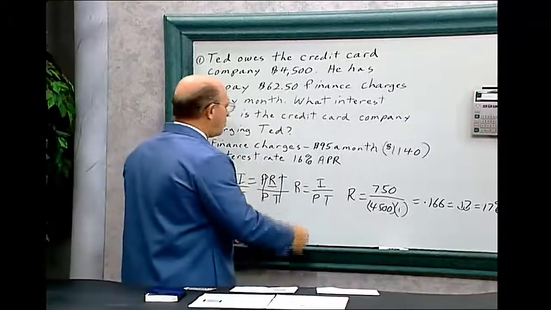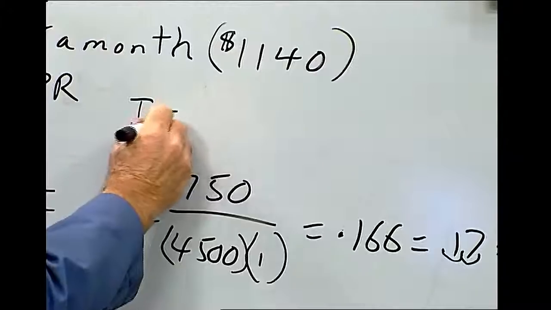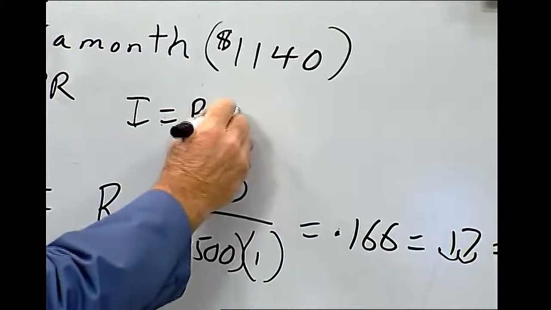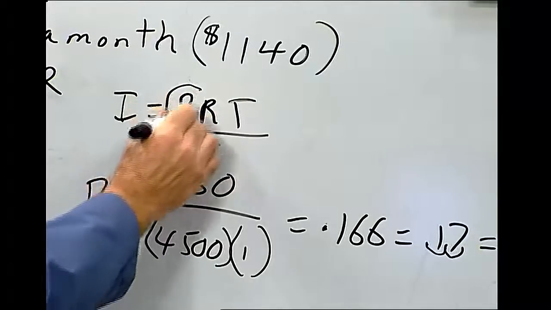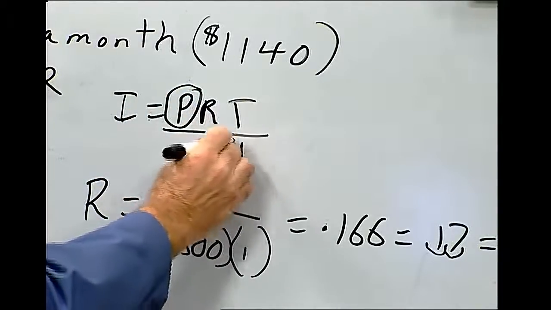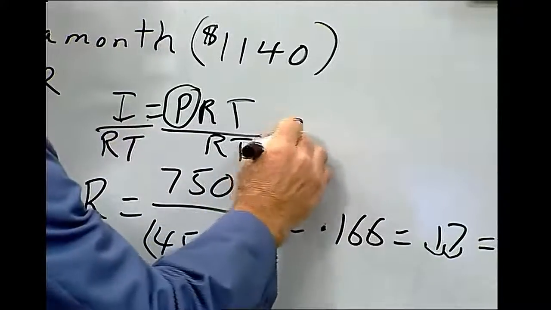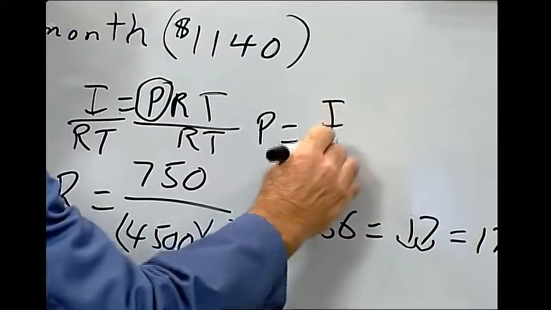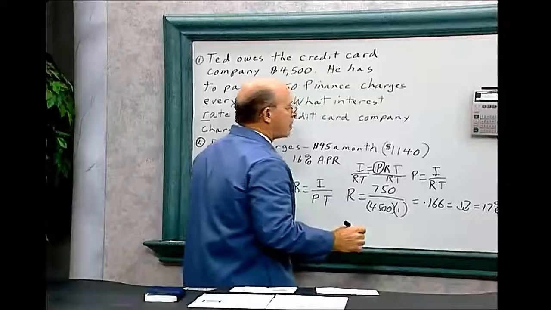Now we want to find out what is the principal. So the formula is interest equals principal times rate times time. So we want to isolate the principal here. So divide each side by rate times time. So P now equals interest divided by rate times time.